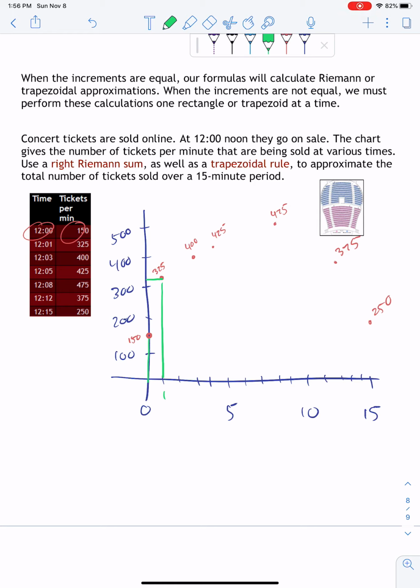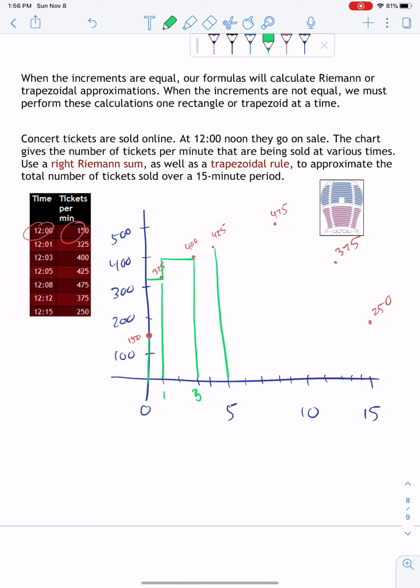Now from 1 o'clock to 3 o'clock, this time 2 minutes has passed. And now I'm up at 400. So here's 3 minutes. I'm up at 400. At 5 minutes, I'm up to 425.